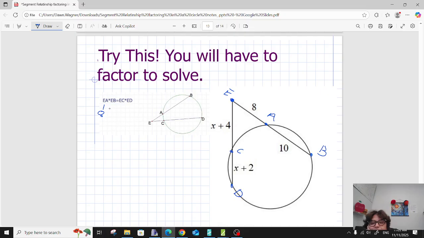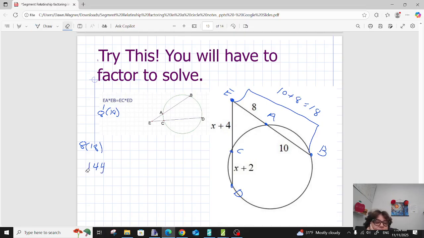What's EB? Which is 18, right? Because I had to add these together. 10 plus 8 equals 18. So what is 8 times 18? Is that what you got? Oh, 144. I was like, boy, that's a big number.